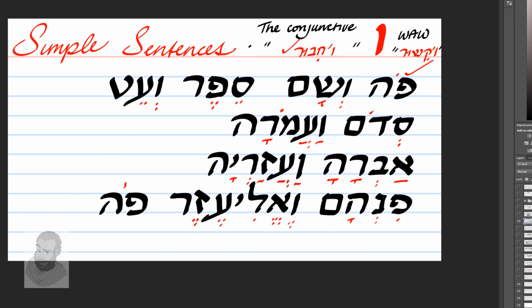Remember, the composite shua will always be shorter, very short. So not waramora, but waramora. Next, Avraham wa Azariah.